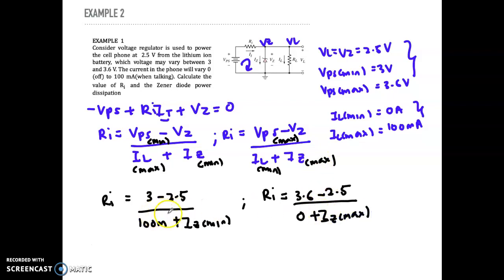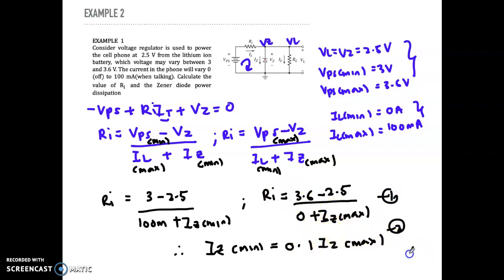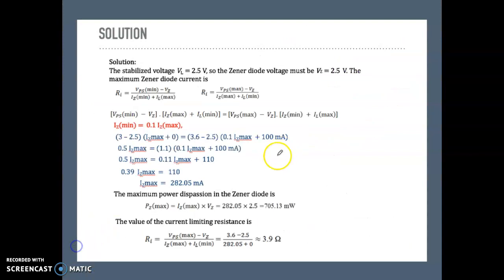So we have two equations and two unknowns, right? That's why you need to have another assumption, where your IZ minimum will be equal to 0.1 IZ maximum. Now we have two equations, two unknowns, so you can solve the equations.